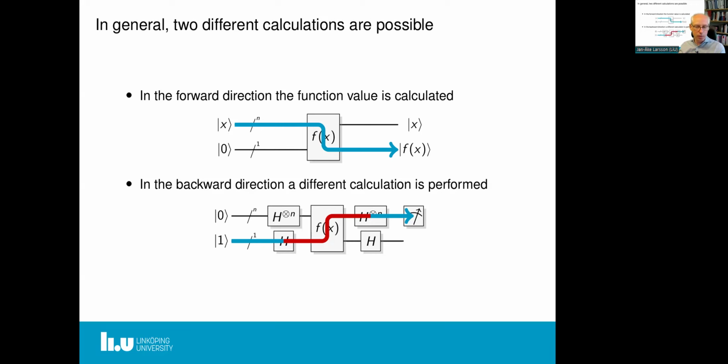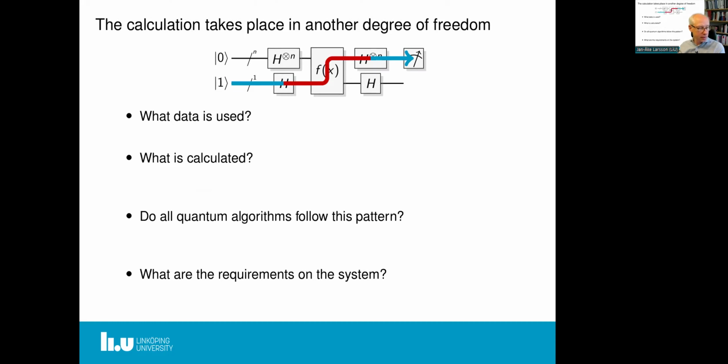You don't do calculations of different function values, different inputs, in multiple universes or many worlds. What you do is either the function calculation or the overall property calculation. So at this point, you could ask a couple of questions here. What data is used? You could also ask what is actually calculated.